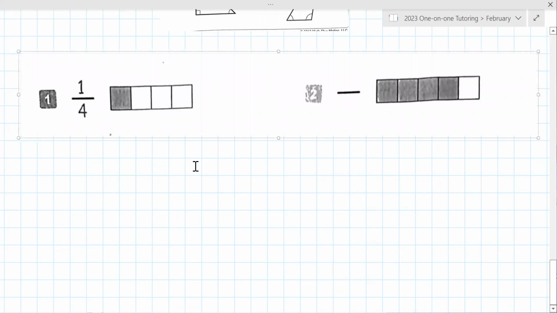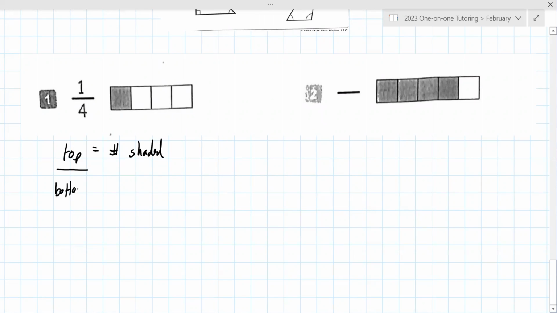So I snipped in questions 1 and 2. For 1, you can think of the top number as being the number shaded, and the bottom is the total squares. Obviously there's 1 shaded, that's why there's a 1, and then there are 4 squares total.